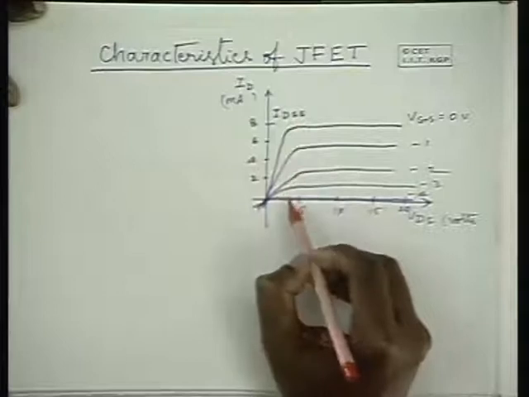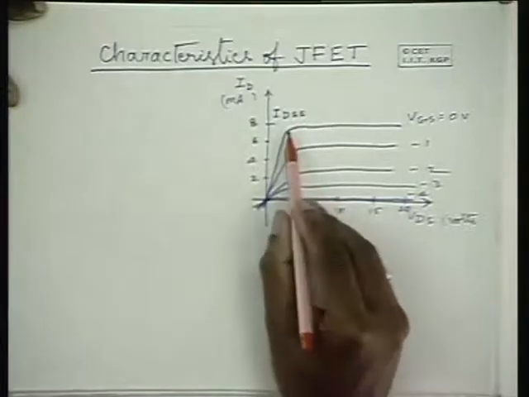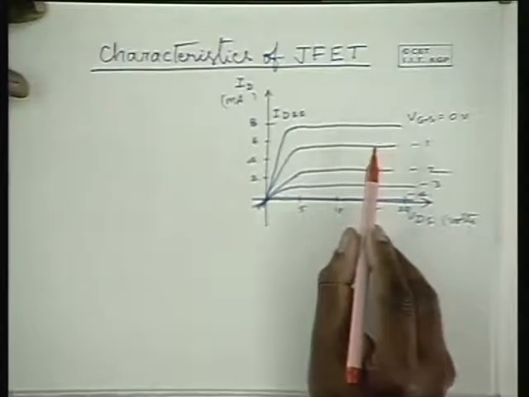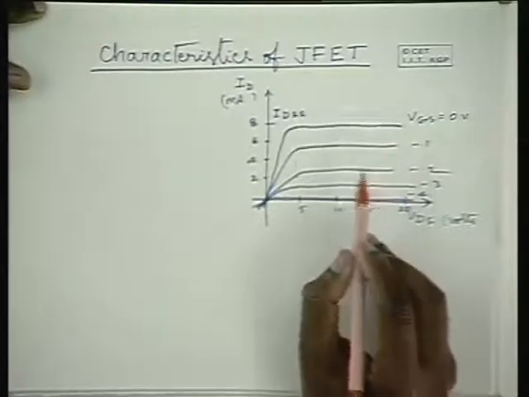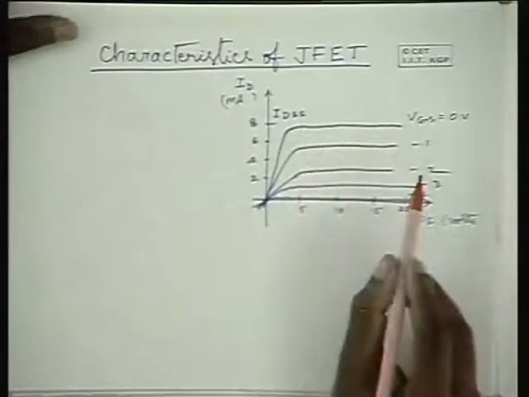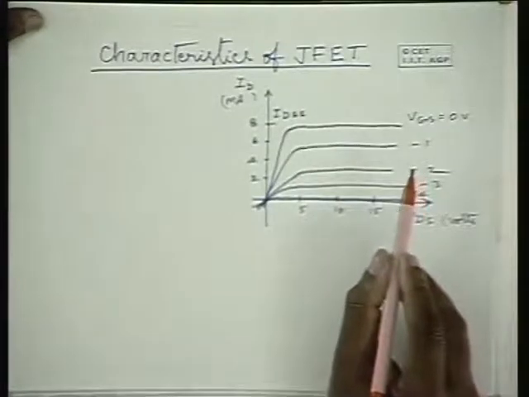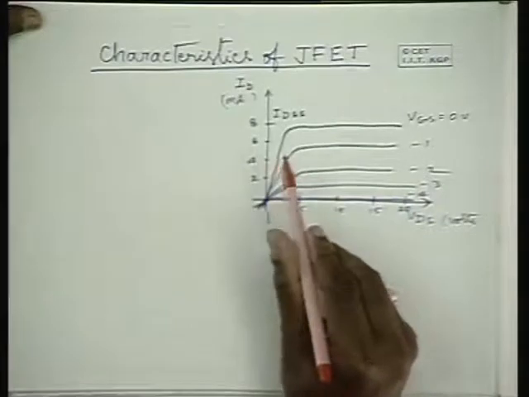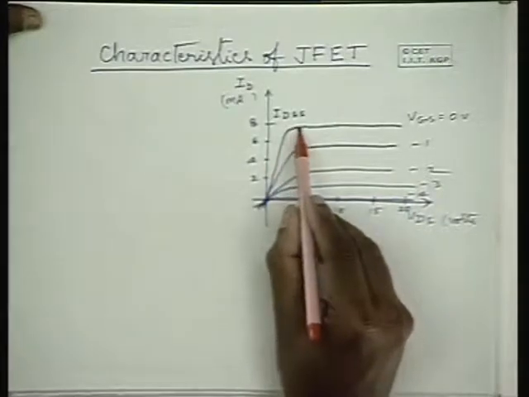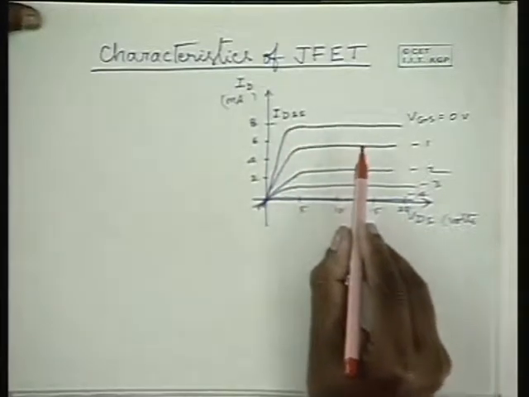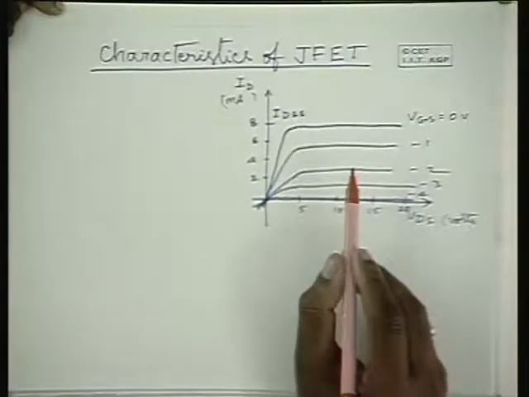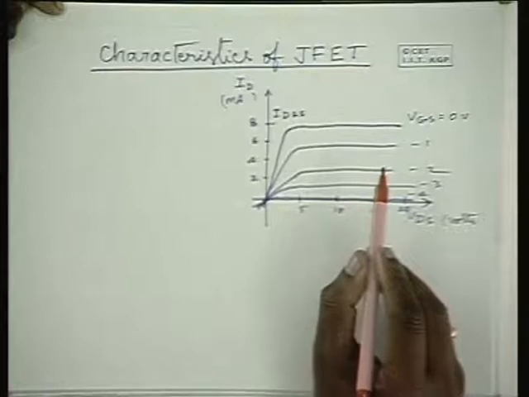And beyond a certain voltage, the current tends to be constant, and it acts like a constant current source. The current saturates because of pinching off of the drain to source channel.